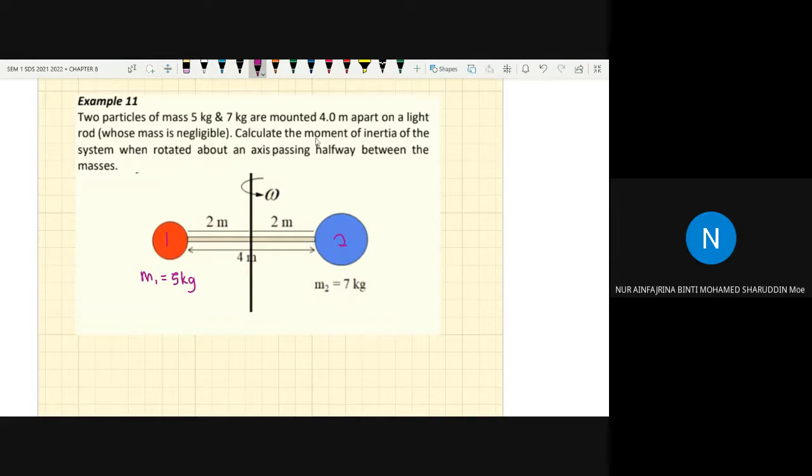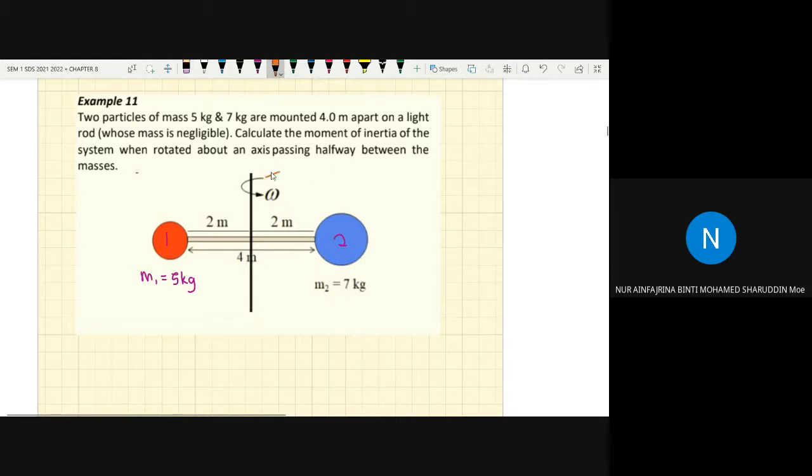They are mounted 4 meter apart on a light rod, whose mass is negligible. So mass of the rod ni kita kata dia negligible, so we are going to ignore the rod. Calculate the moment of inertia of the whole system when rotated about an axis passing halfway between the masses.